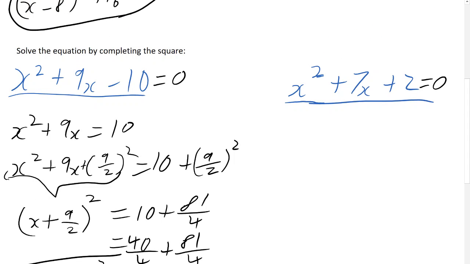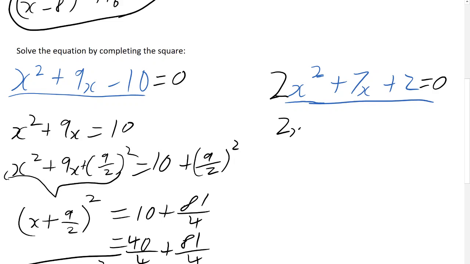Now for the last one, oh, I forgot something else too. I'm sorry. So it's actually supposed to be 2x squared plus 7x plus 2. And to solve this now, it's different when we have a coefficient at the front, a leading coefficient.